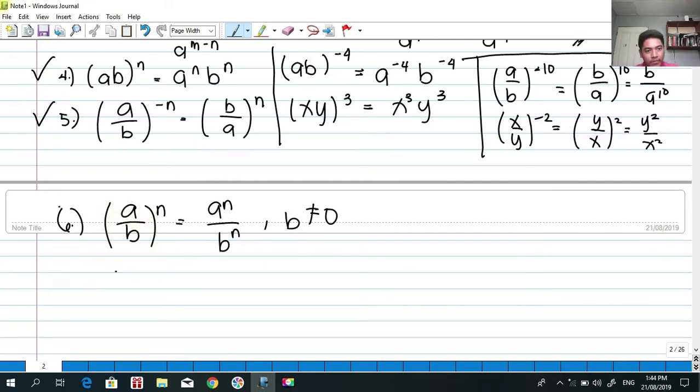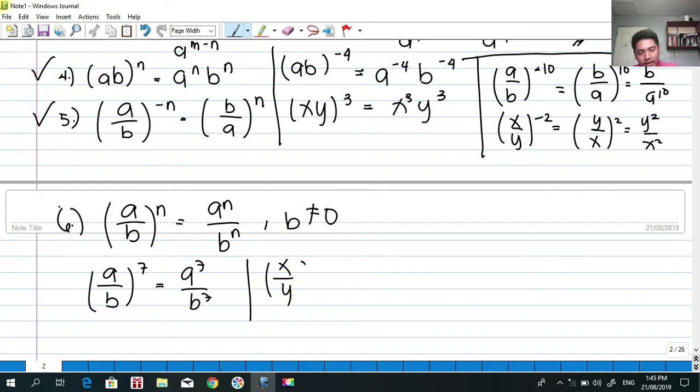Example: a over b raised to 7 is simply a raised to 7 over b raised to 7. Another example, x over y raised to, let's say, 6. So we have x raised to 6 over y raised to 6.